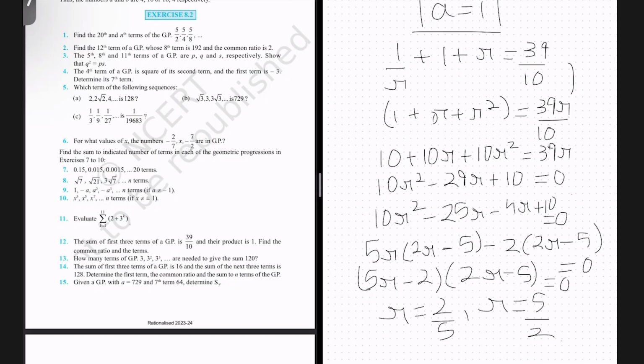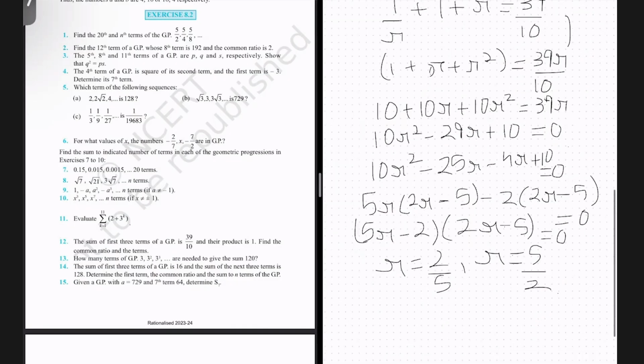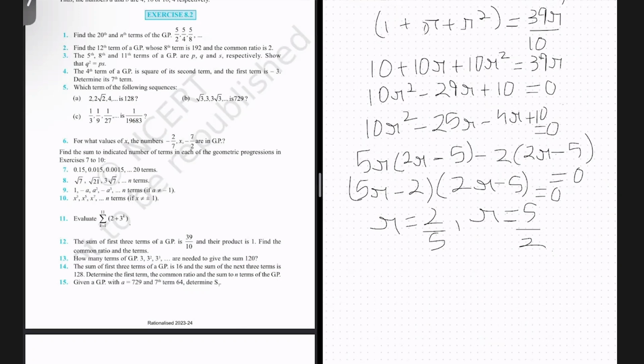Therefore, the first three terms of the GP. Let us plug in the values of R as 2 by 5 and 5 by 2 and see if that changes our answer in any way. The first three terms I have are 1 by R, 1 and R. If I use R equals 2 by 5, my first term is going to be 1 upon 2 by 5, the second term is going to be 1, and the third term is going to be 2 by 5.